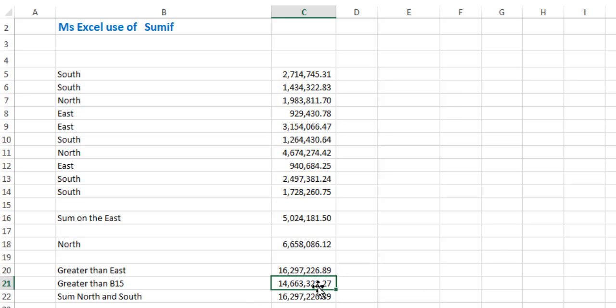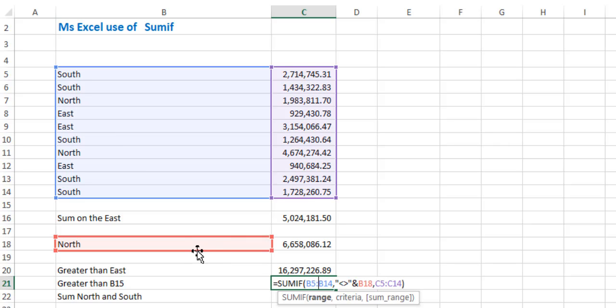The same way we are going to give the reference, not equal to. We use this sign for not equal to and B18. With this ampersand sign, we are going to concatenate this condition from here to here.